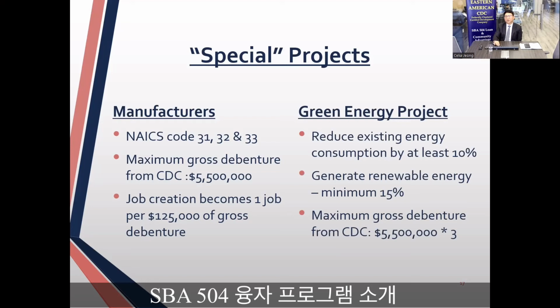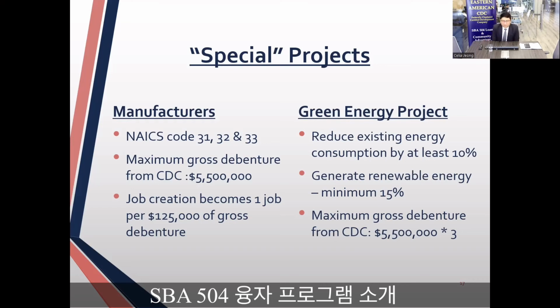This is the important one. When you have a green energy project, which reduces existing energy consumption by at least 10%, or generates renewable energy of minimum 50%, then the maximum gross debenture from the CDC is $5.5 million, 3 times.